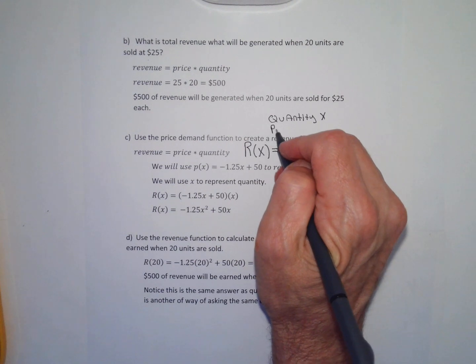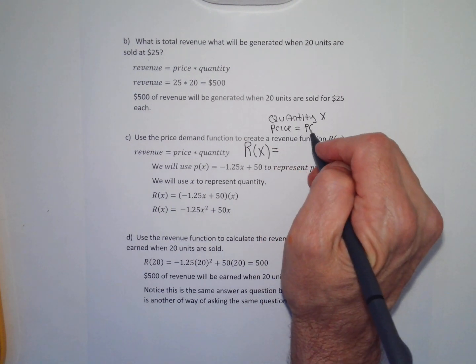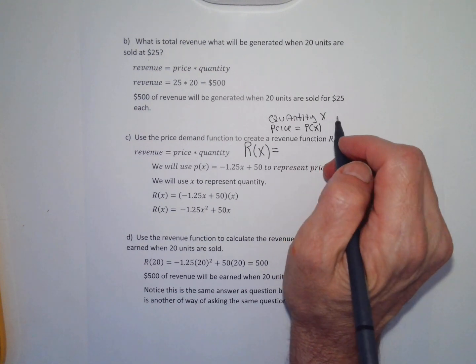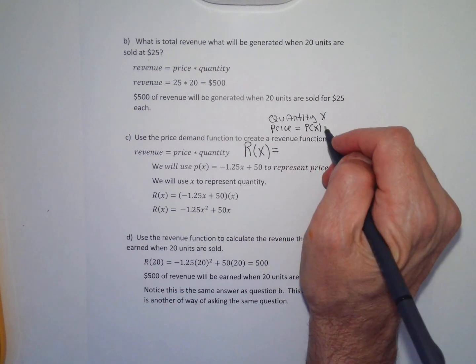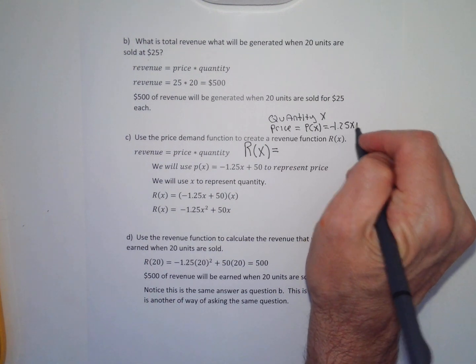For the price, I'm going to use the price demand function. And the price demand function for this was negative 1.25x plus 50.